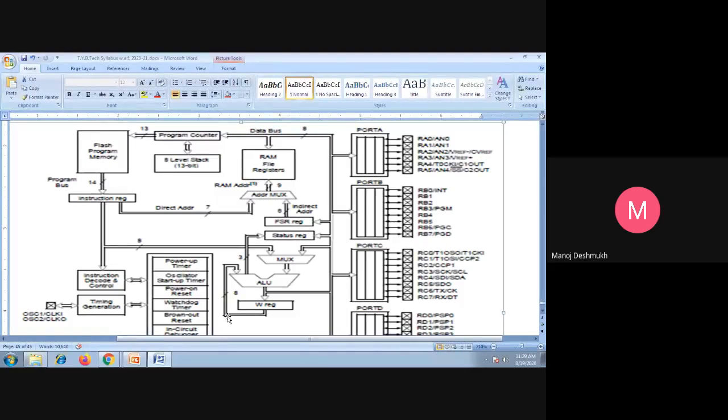Okay. So if you have drawn this or you have taken the screenshot, then you leave the meeting, no problem. But if not, then you draw here, no problem. Tomorrow I will check whether the architecture has been drawn by you or not.